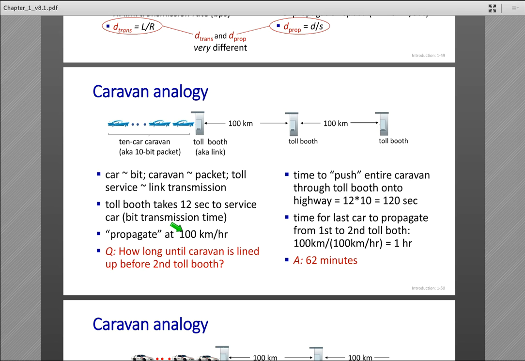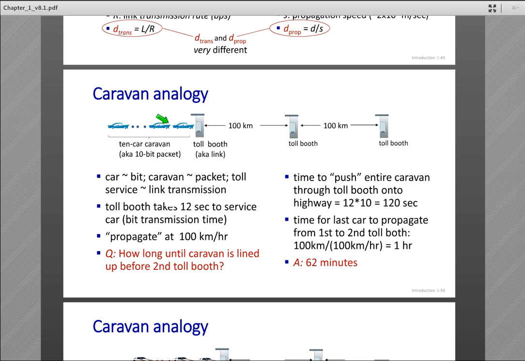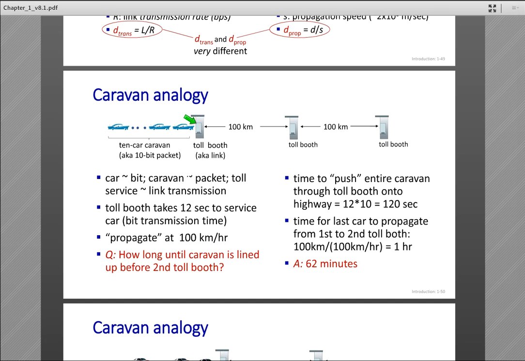Okay, so each car will spend 1 hour or 60 minutes to pass the highway, but we have another time too. We need another time too. As we say, each car needs 12 seconds to pass the first gateway.